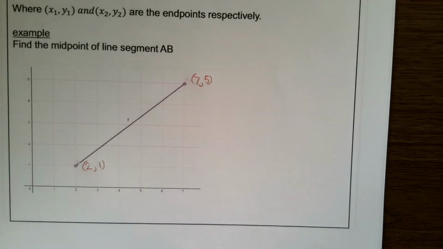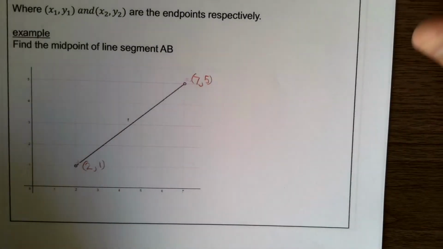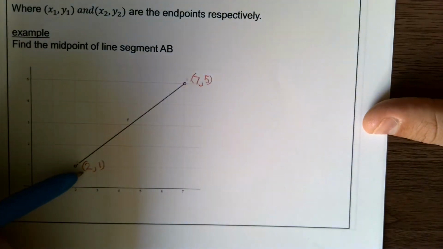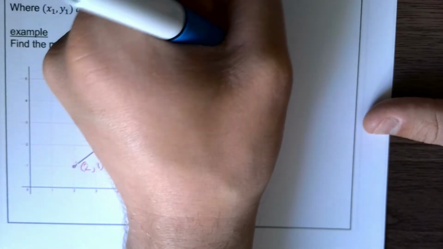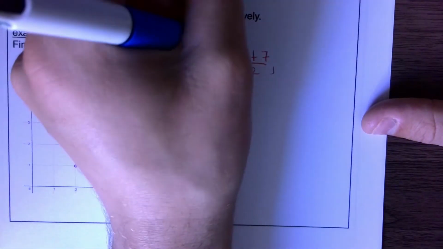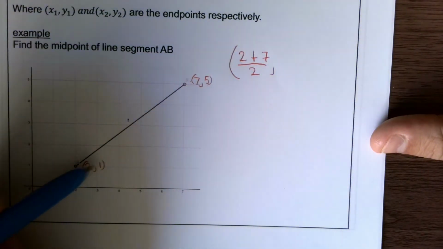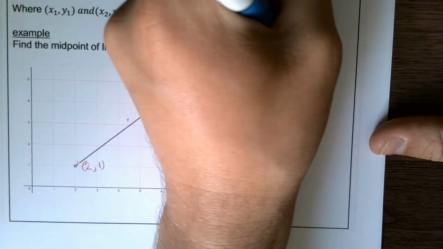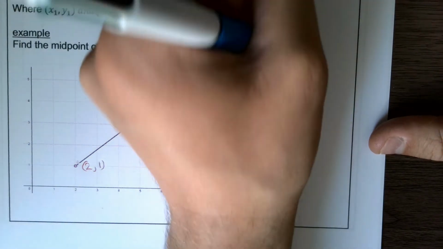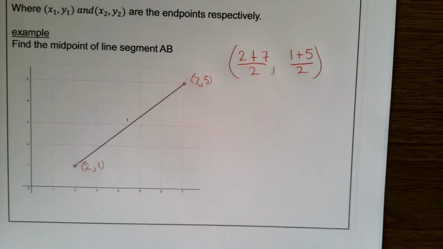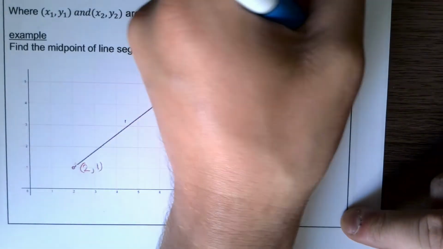Okay, so using our formula from above, I'm going to find the coordinates of the midpoint. So we're going to do x1, which is 2, plus x2, which is 7, all over 2. And we're going to do y1, which is 1, plus y2, which is 5, all over 2. So now all I need to do is simplify that, and that will give me the coordinates of the midpoint.